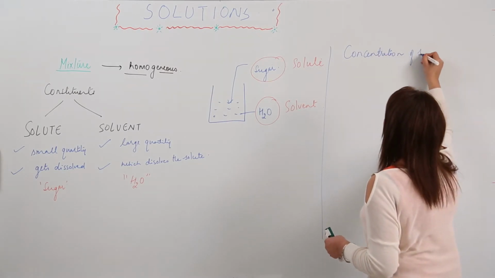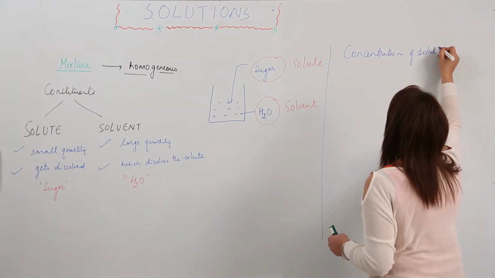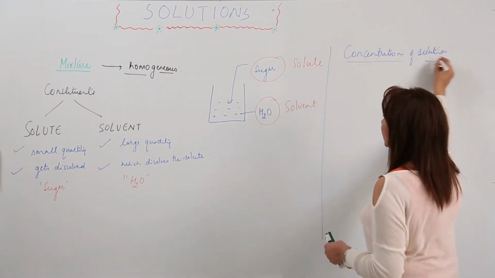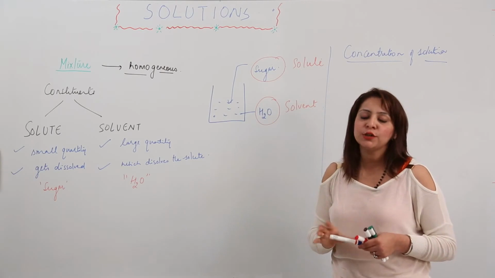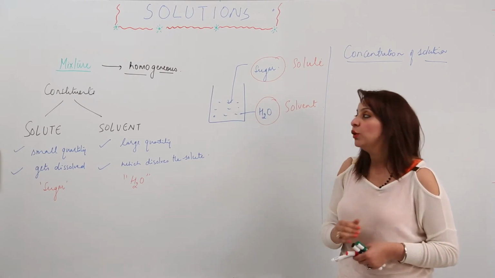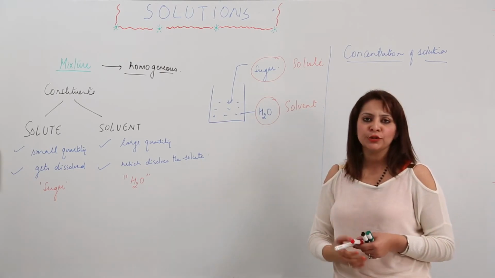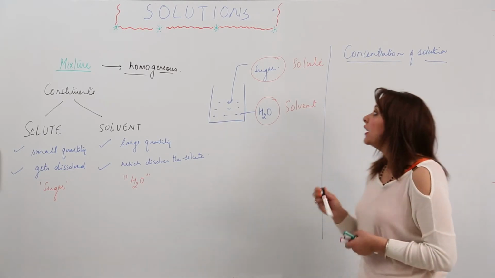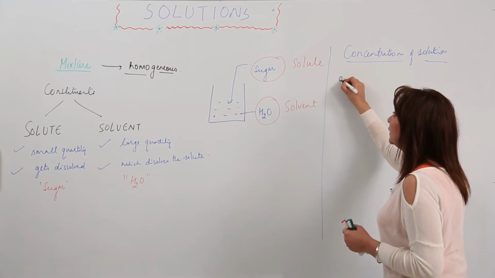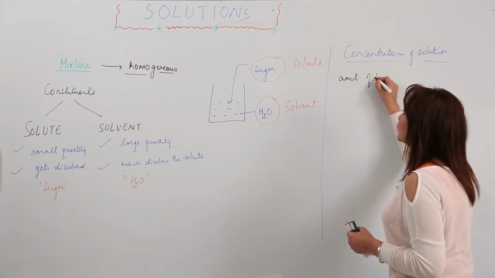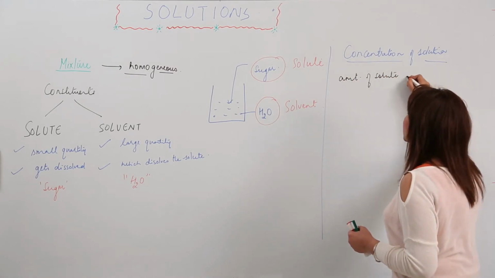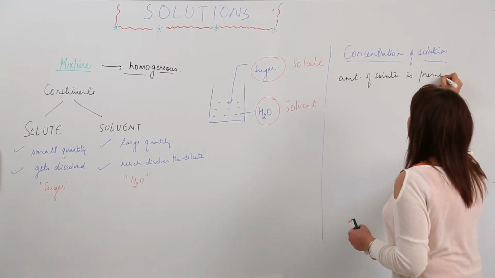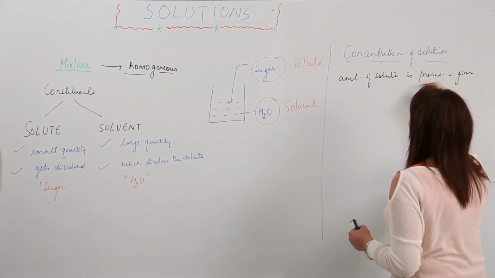If this sugar is dissolved in water and we get this sugar solution, and I ask you what is the concentration of this solution, you should know what concentration actually means. Concentration means the amount of solute which is present in a given weight of solvent.